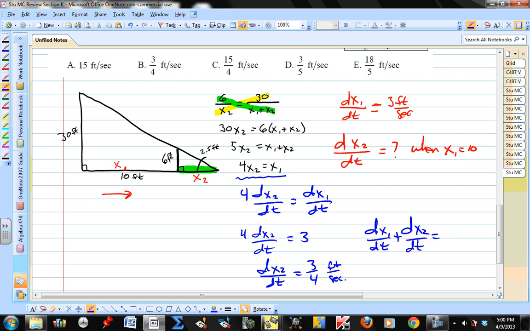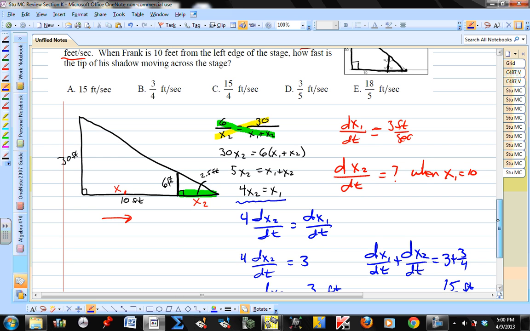Okay? That's going to be, what, 3 plus 3/4, or 3 3/4, 15/4 feet per second. See what that matches? It matches option C.